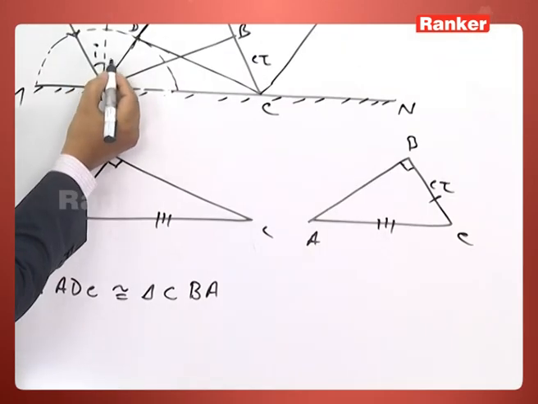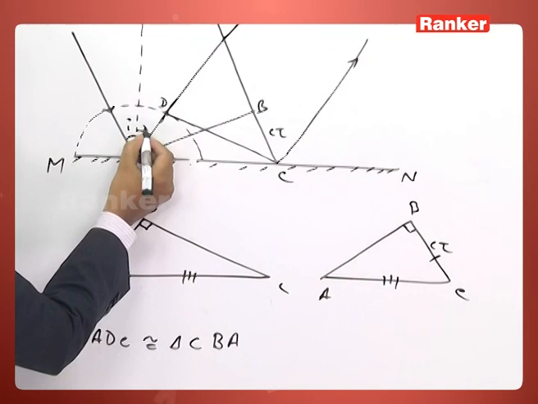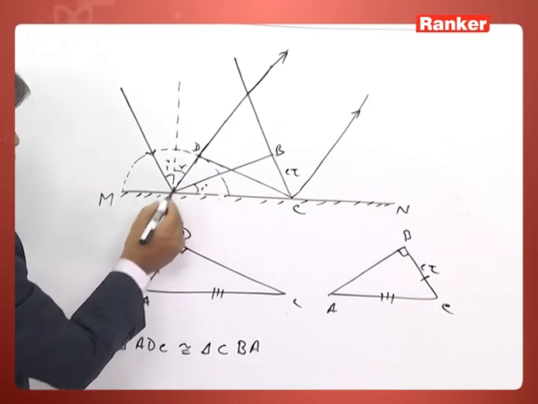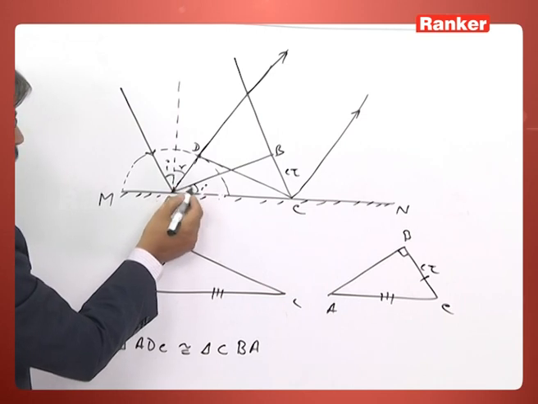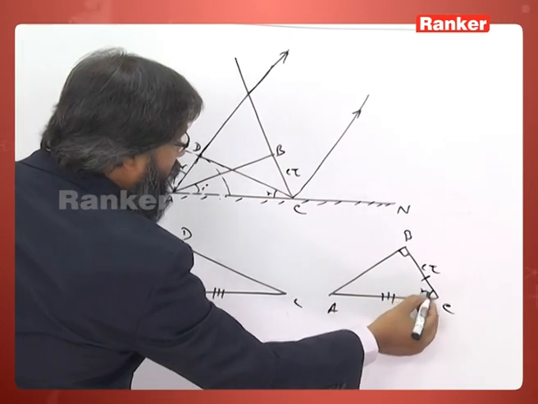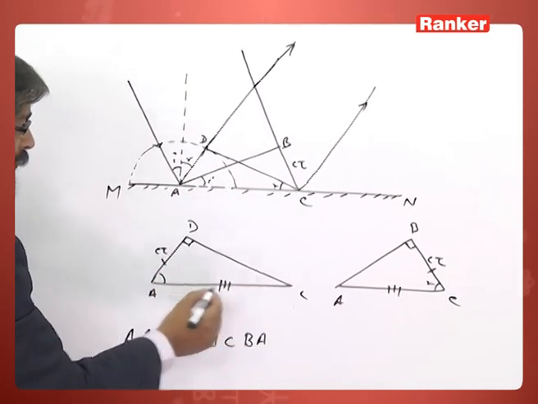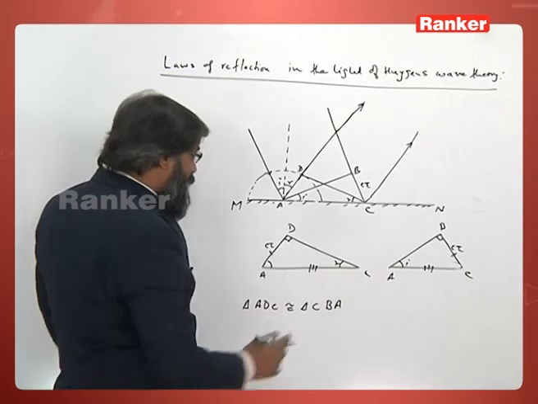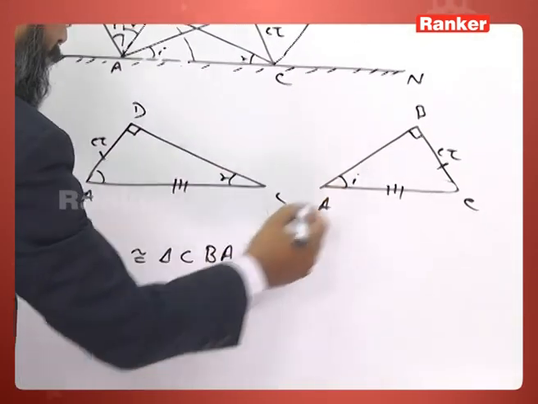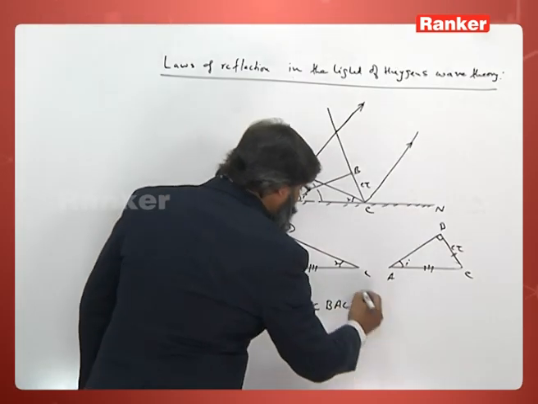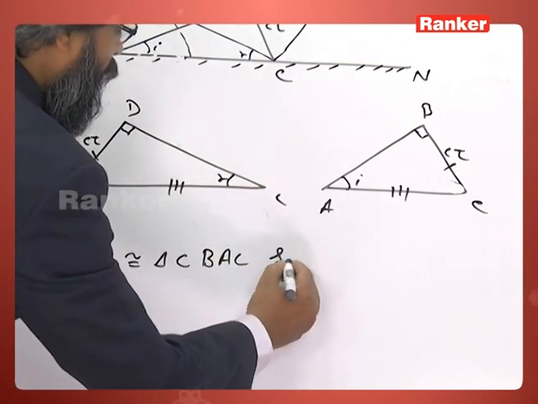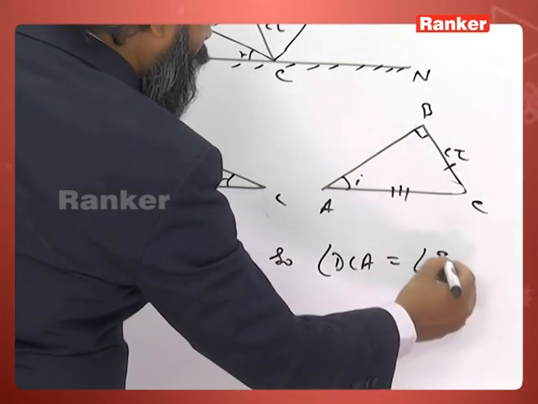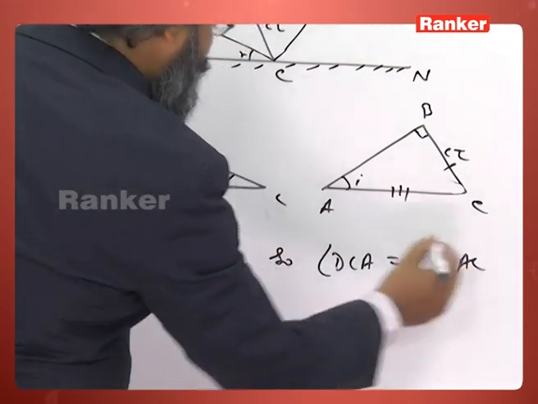Now you see this angle is I, and this is the reflected wave, so this is R. So we have this 90 minus I, this is I, this is R, and this is 90 minus R. So this angle is R and this angle is I, and DCA is R. Now since these two triangles are congruent, angle DCA becomes equal to angle BAC.